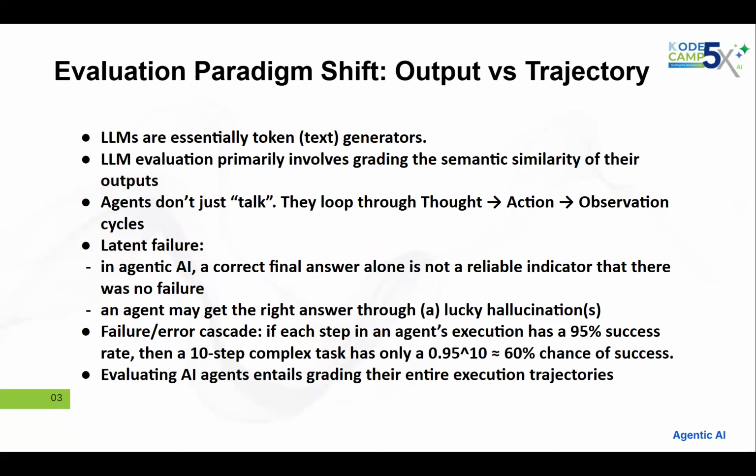Now, LLMs are essentially, as I mentioned at the very beginning of this training, they just predict the next token, right? That's all they do. So they're essentially token generators. If you give them some text input, they generate some other text output.